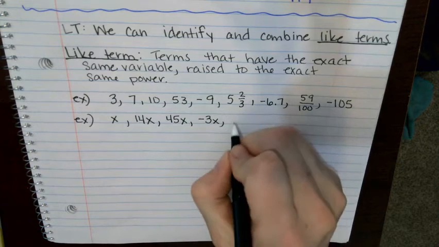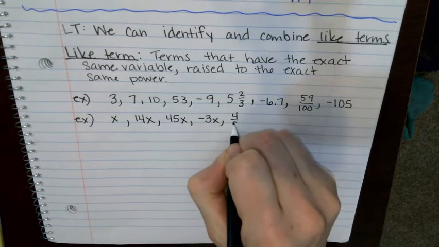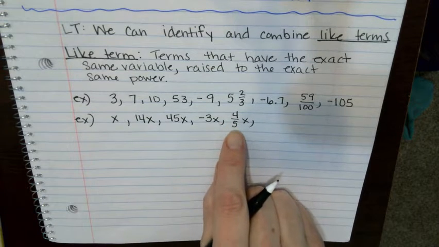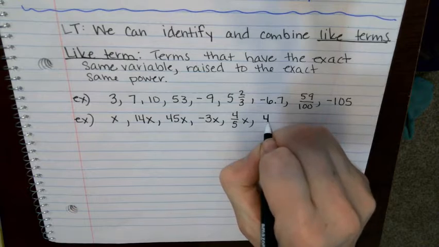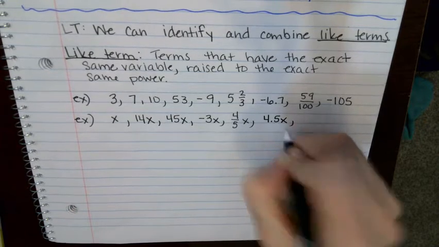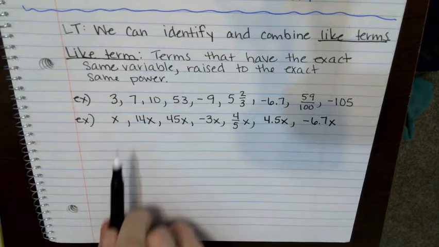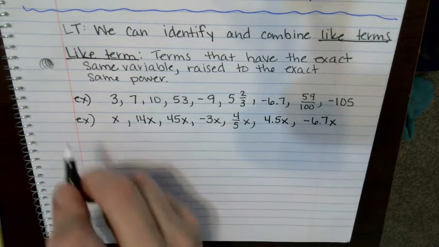I could have a fraction, 4/5 x. It means I have just under 1x, and you could also have a decimal like 4 5/10 x or negative 6 7/10 x. Notice that what stays the same every single time is the variable.